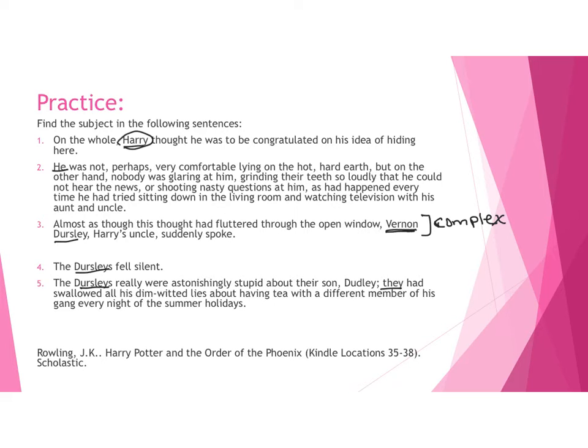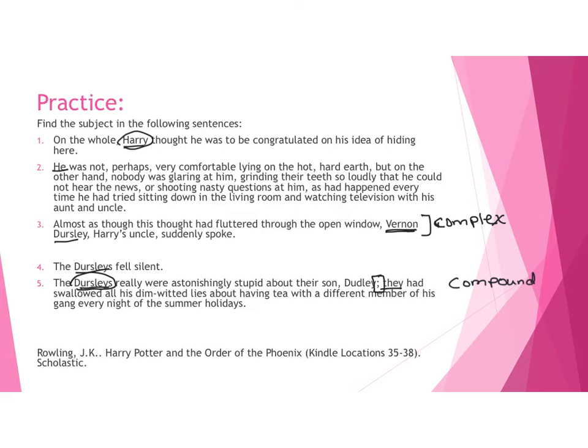Now 5 is a compound sentence. So you're actually going to have 2 subjects. Okay? And I know it's a compound sentence because of the semicolon. The Dursleys really were astonishingly stupid about their son Dudley. In the first part of the sentence, or the first sentence, it's all about the Dursleys. And so they are the subject.